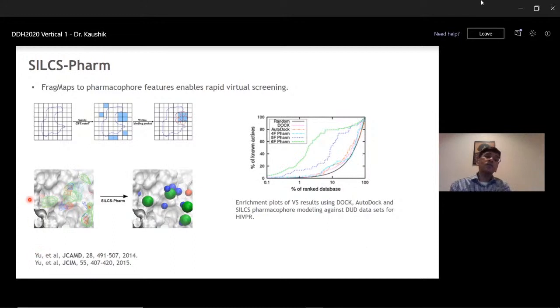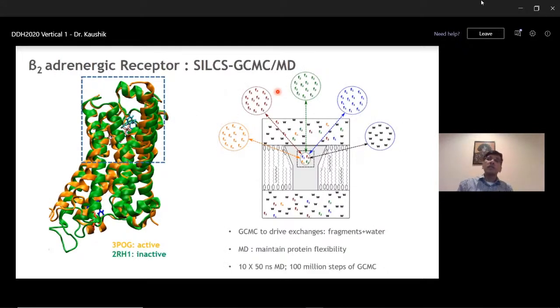The fact that you could get these pre-computed FragMaps and then turn those FragMap features into pharmacophoric features and then use the pharmacophoric features to drive virtual screening. So here's a quick example of where this worked, right? Now we've worked on those individual pieces of running out a SILCS simulation and then using that information.